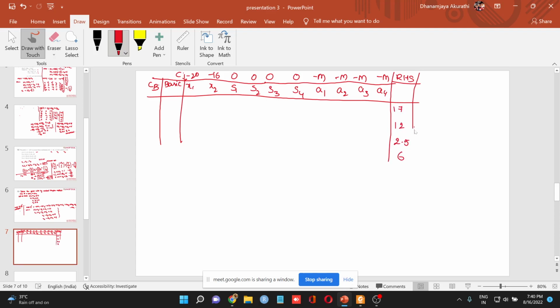And now what are the entries here? The basic variables are A1, A2, A3 and A4, and related cost coefficients are minus M. I just write, please let me know what the entries would be here.